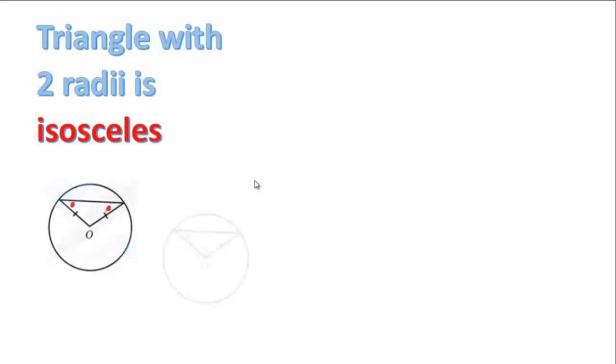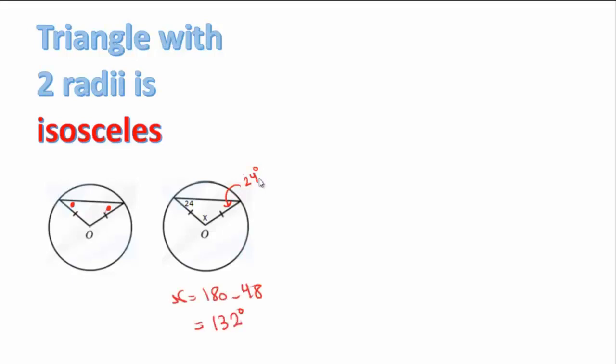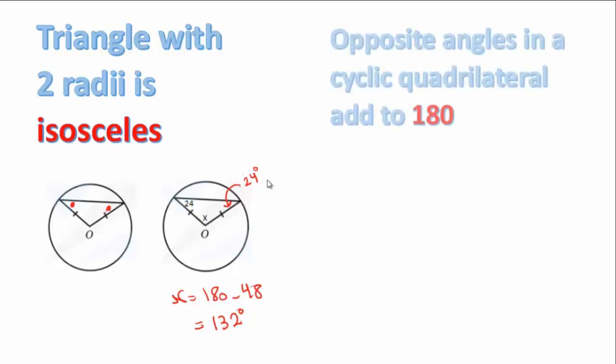For example, in this isosceles triangle, I have this angle is 24, so we can immediately say that this angle also is 24. To find the value of x, x equals 180 minus 48, which is the sum of the two angles, and the answer will be 132.